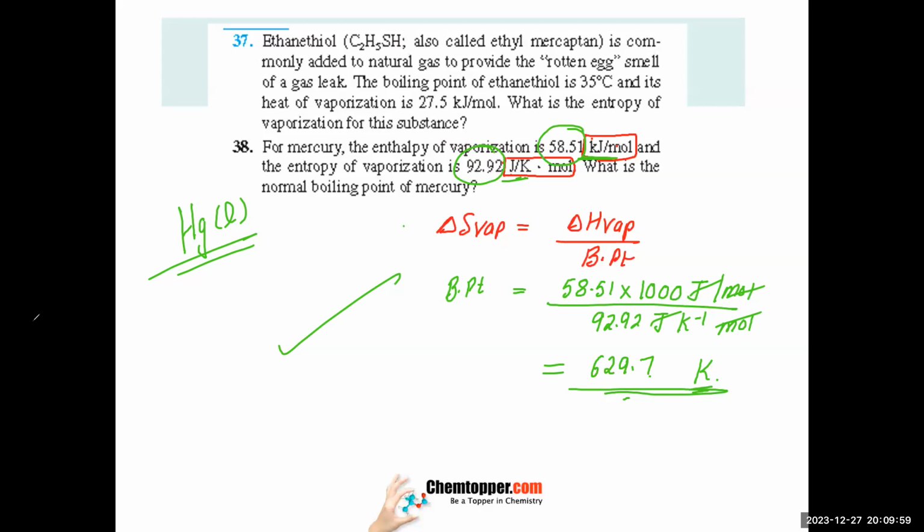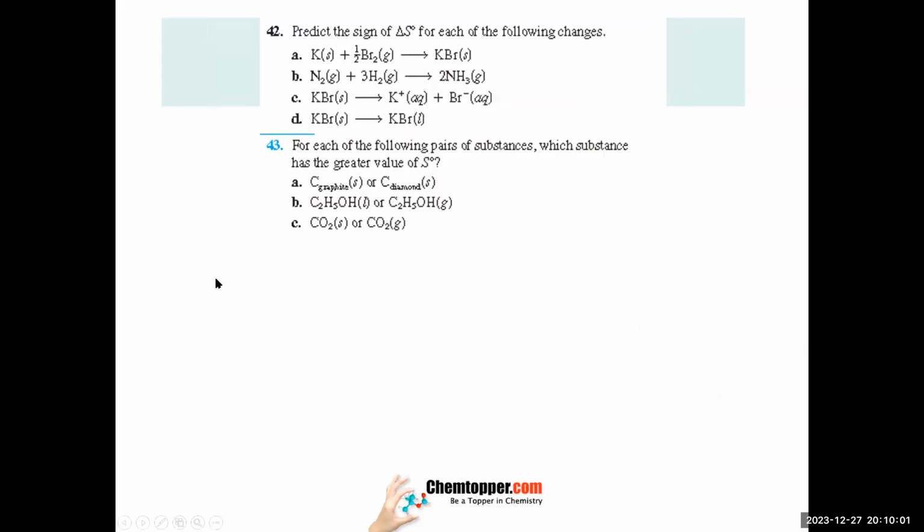Moving on, children. So that's the concept of your entropy. These are simple questions. Let's do them very fast. Predict the sign of the entropy change during the reaction. Entropy of the system. They have not mentioned anything, so it means it is entropy of the system.